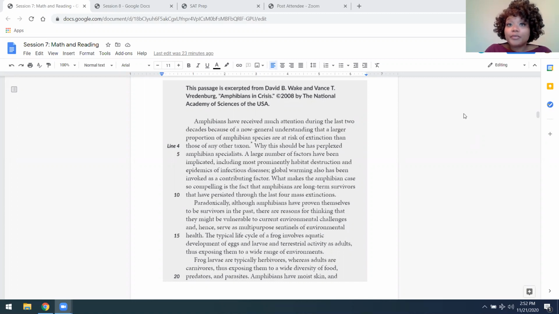So, okay, thank you. We're going to spend a few minutes reading this. And for those of you that were here last week, it'll just be reacquainting yourself with the passage. But I'm going to give us 5 minutes to read the passage, and then we're going to start answering questions.